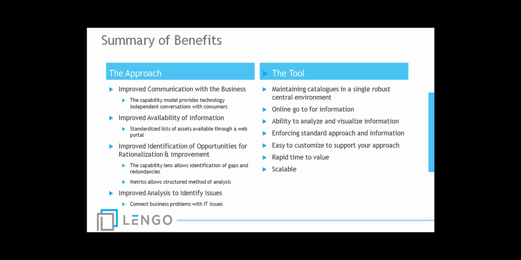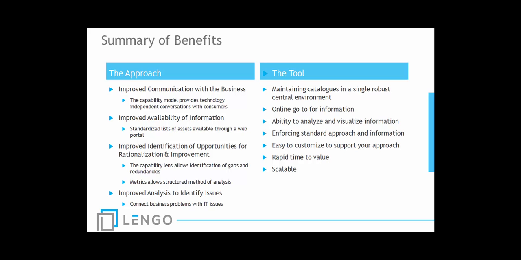And the intention of the demonstration here was to show you how the content is held in a single robust central environment that becomes the online go-to place for all information needs for all of your consumers. And the information which is held and captured in there is available so that we can analyze and visualize that information, i.e. we can dice it and slice it in different ways to analyze it and make use of the content in there.